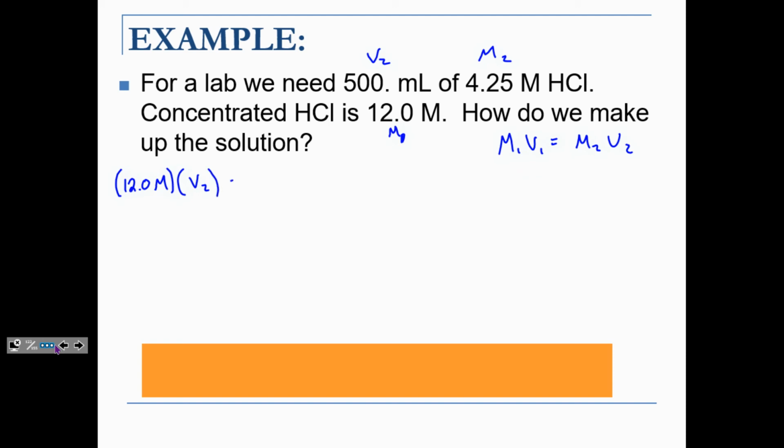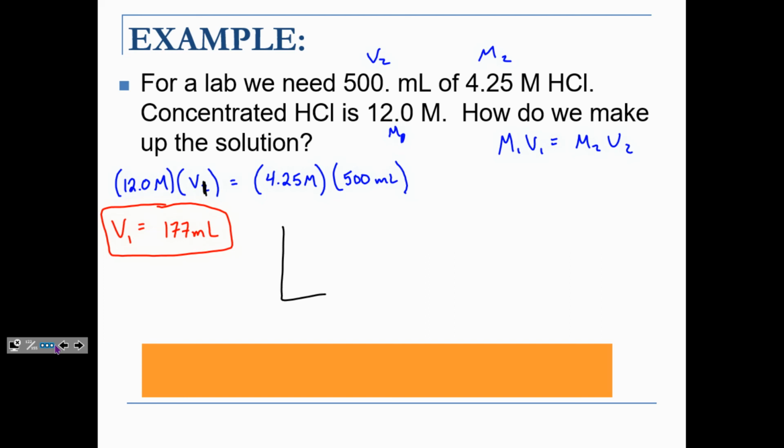V1 is what I'm looking for. The concentration I need is 4.25 M, and we need a 500 milliliter volume. When I solve for V1, I get an answer of 177 milliliters.